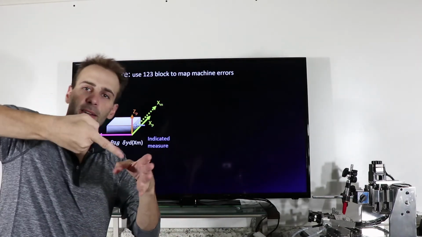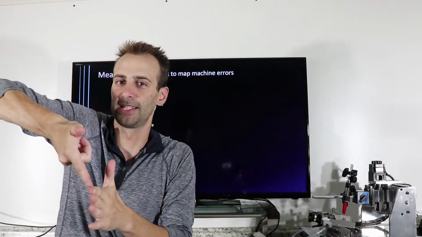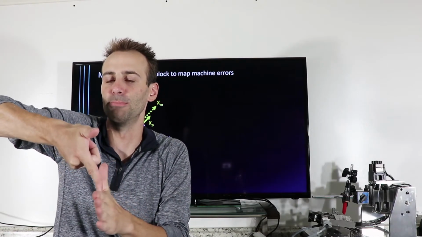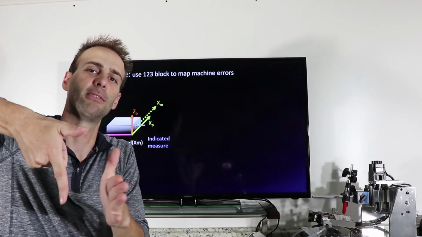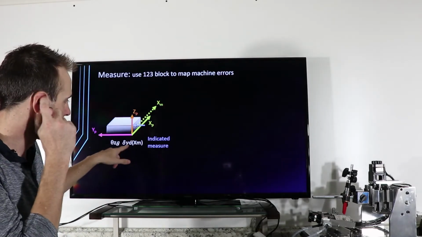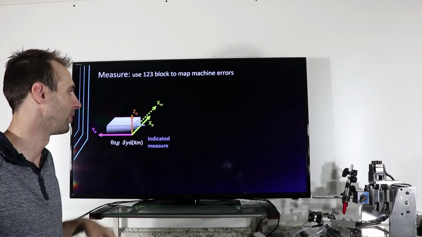Don't put the indicator way out like this, because now as this moves, I have an angular error in there, okay? It needs to be straight. And that matters because the scale here matters for both of these, okay?